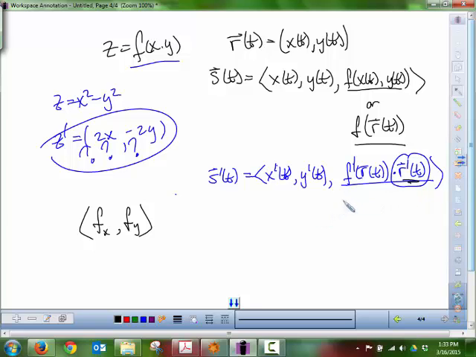So if we dot them, so what if we say this is fx, oh, we have to evaluate at r of t. Fy evaluated at r of t. And then now instead of just a regular multiplication, because we're dealing with vectors, let's dot that with r prime of t.